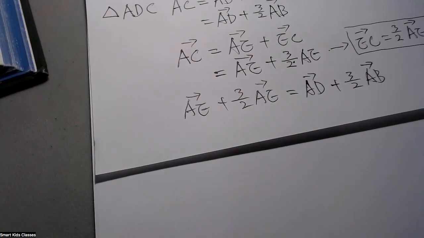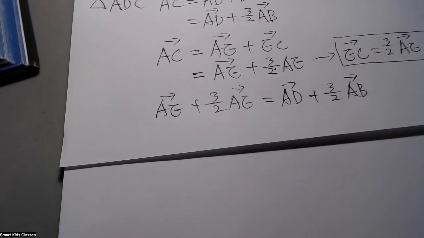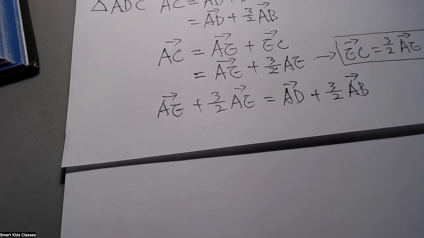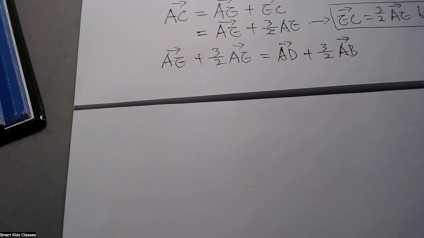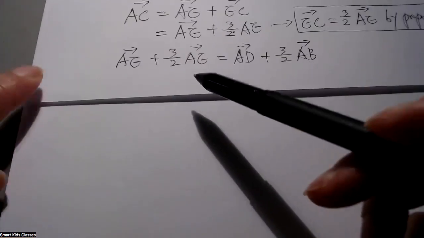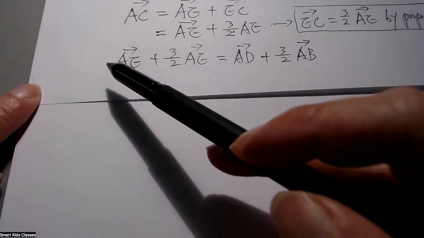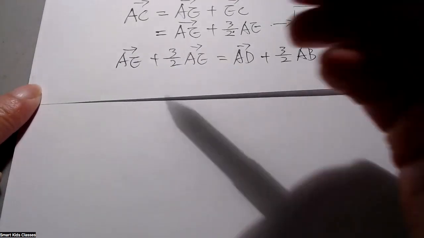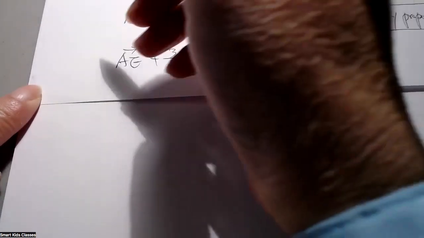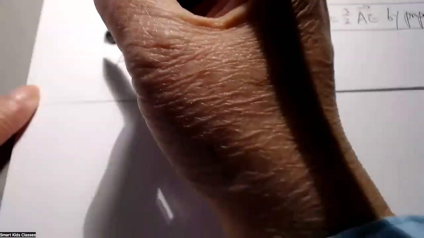So now we are going to solve it. How are we going to solve it? We combine the like terms. AE and AE are like terms, so we can add them together. The coefficient of the first AE is 1, which means 2/2. So we make it into the same denominator.